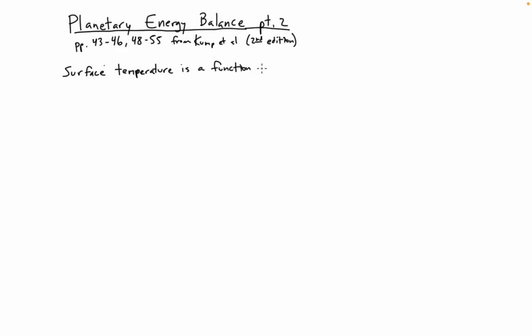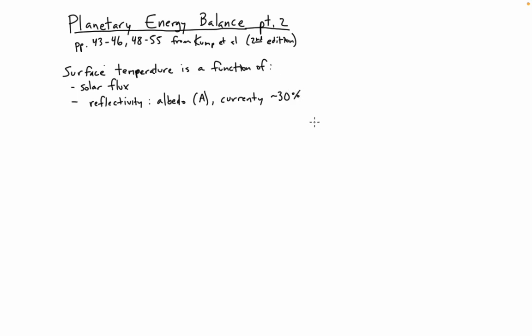So the surface temperature is a function of, this is a bit of review, solar flux, so how much energy is arriving at the planet, reflectivity, and we've been talking about albedo. We're going to abbreviate that A, which on Earth is currently around 30%.